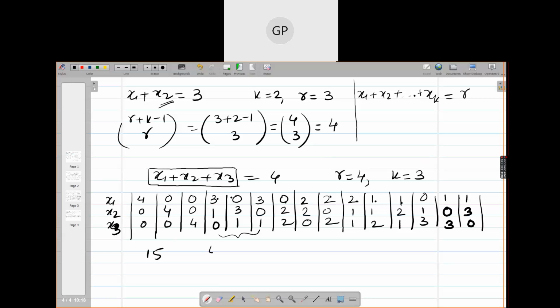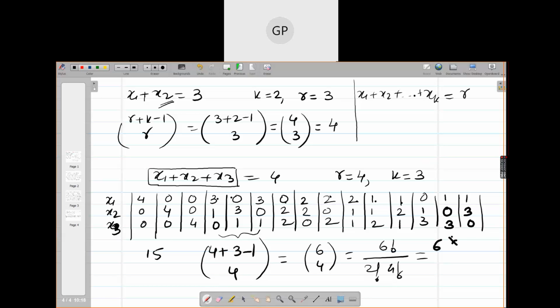Using the formula, it becomes 4 plus 3 minus 1 C4, so 6C4. 6C4 is 6 factorial upon 2 factorial into 4 factorial, which is 6 into 5 into 4 factorial upon 2 factorial into 4 factorial. 4 factorial gets cancelled. 6 into 5 is 30, by 2 is 15. Are you getting it?